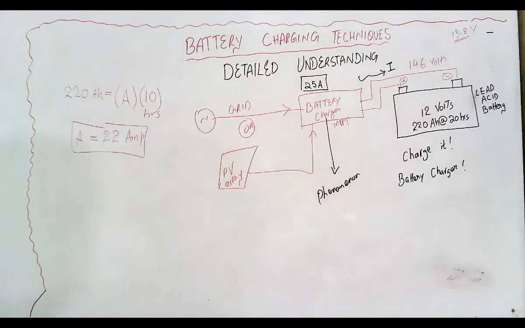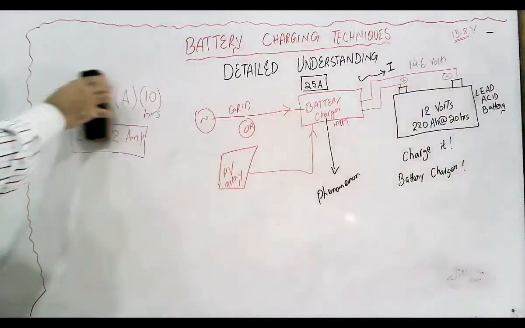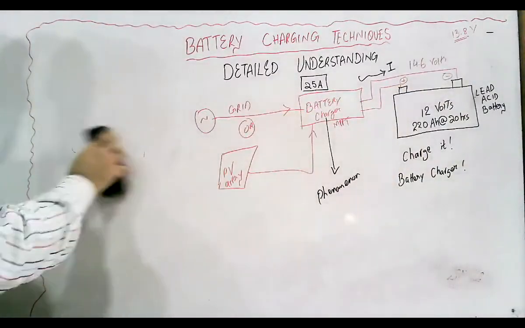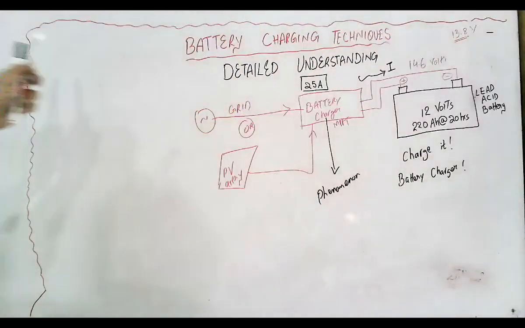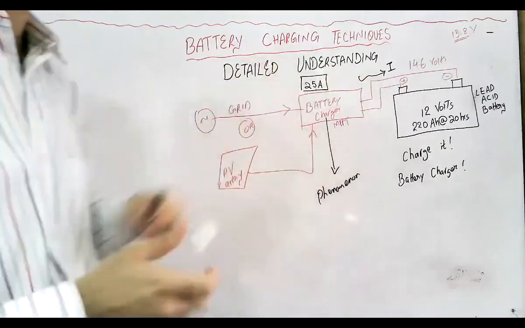Now what happens? There are three modes in operation when you are charging the battery. Now what are those modes? There are three standard modes, and it depends on whether the battery charger has those modes available to charge the battery or not.